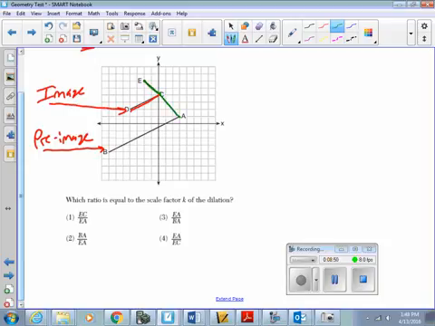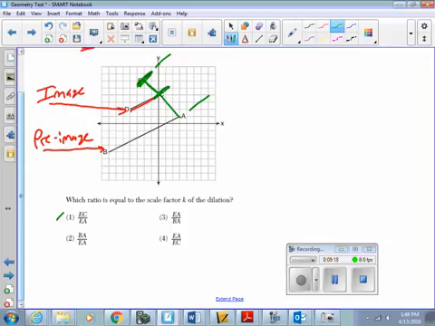Well, that value should be under 1, because this distance versus this distance, if you have this distance on top, then obviously that's going to be less than 1. Even if we don't know the values, we know it's going to be less than 1. So that could be an answer.